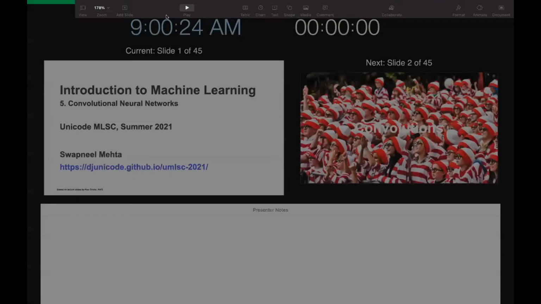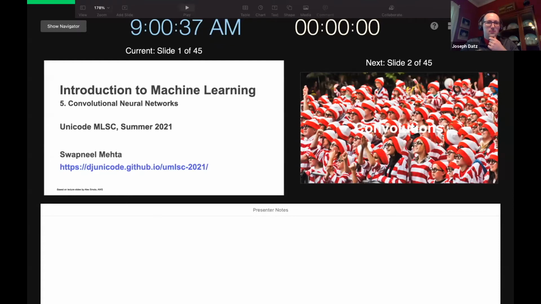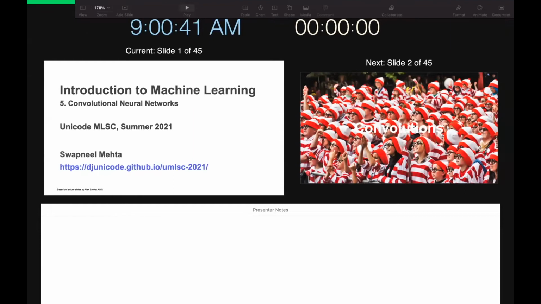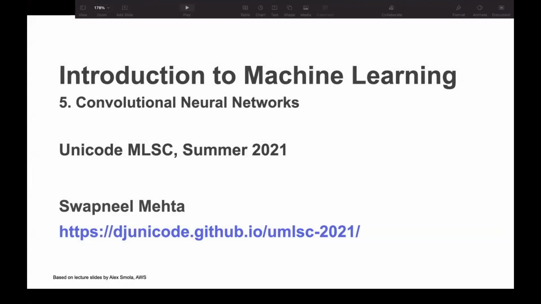And hopefully my cursor won't disappear anymore. Are my slides visible, or do you see presenter notes? I see the slide. Cool. So today we're going to talk about convolutional neural networks. Sorry, I want to clarify. I see 2 slides, and I see presenter notes. I don't have any presenter notes, but yeah, thanks.